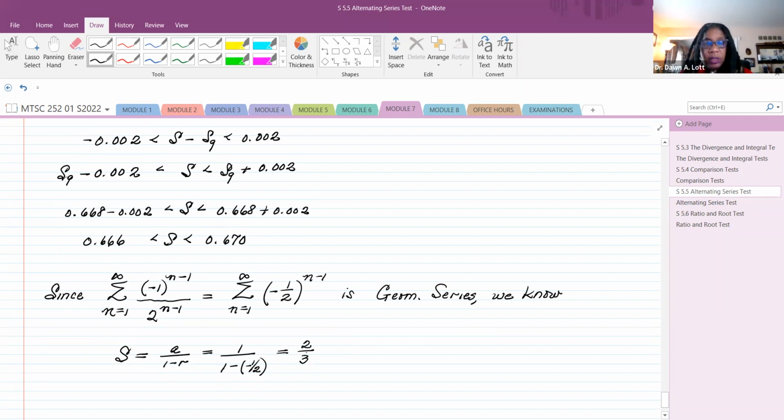Okay, so we know what the sum is. And notice 2/3, which is 0.66667. Okay, if we keep going, 2/3 fits right in there. So that's a really good estimation using the alternating series estimation theorem.